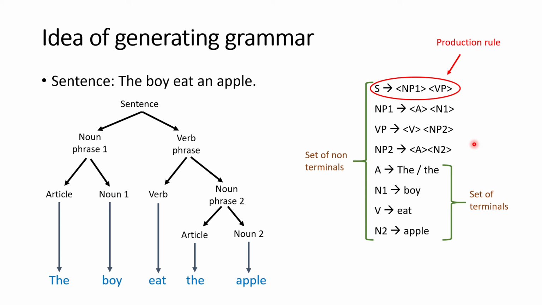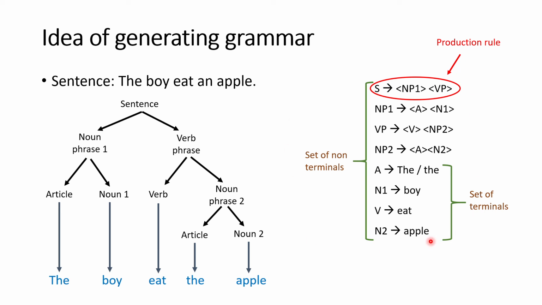Now, since this particular example is a very trivial example, maybe you will not be able to create more than one sentence with respect to this particular rule. But the idea of generating any string of the English language is the same in this way.